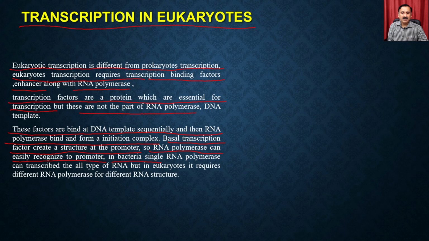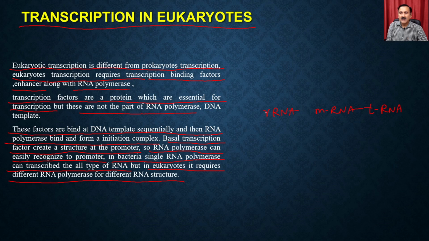In bacteria, a single RNA polymerase can transcribe all types of RNA, but in eukaryotes, it requires different types of RNA polymerase for different types of RNA. You know that we have three different types of RNA molecules: the ribosomal RNA, the messenger RNA, and the transfer RNA, or tRNA.